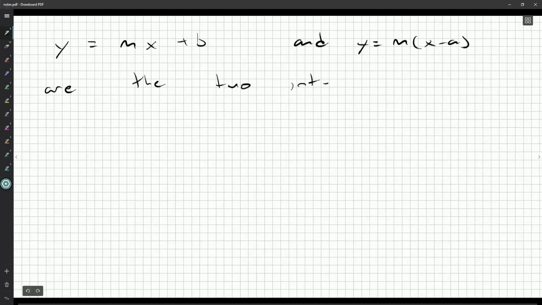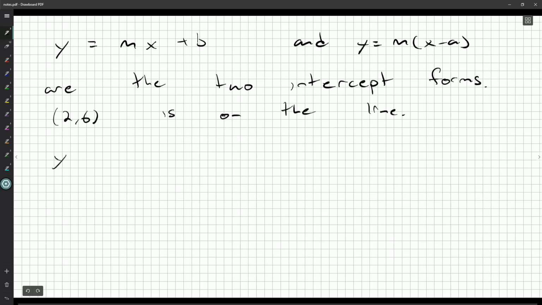I'm bothering to write this out because it is a written answer question. (2, 6) is on the line. So instead of the y here, we can put 6. 6 is equal to m times 2 plus b. And 6 is equal to m times (2 minus a).